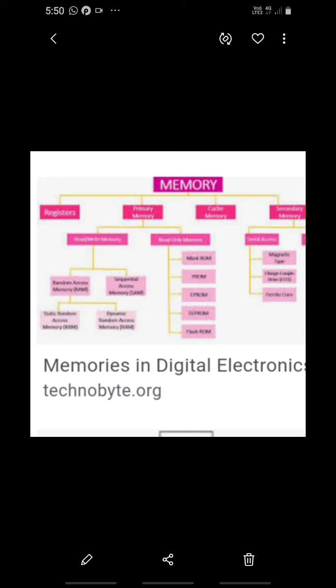But this increases the cost of the memory. In simple, we can say that these memories are faster, smaller and lighter and consume less power.